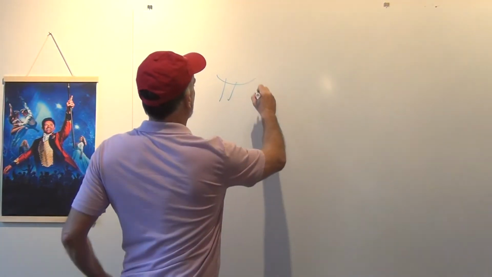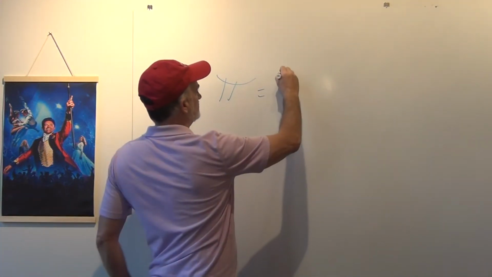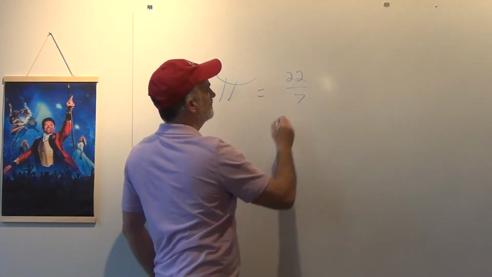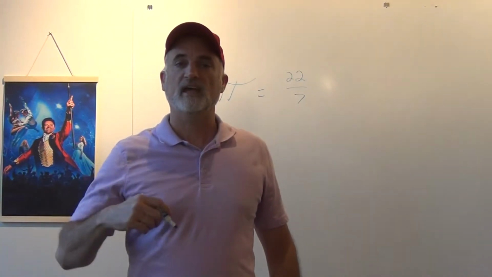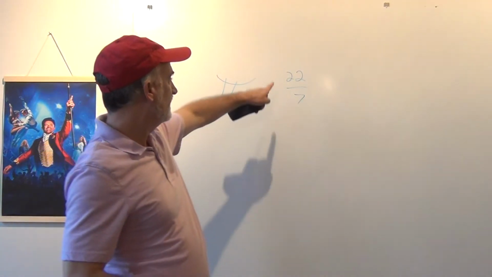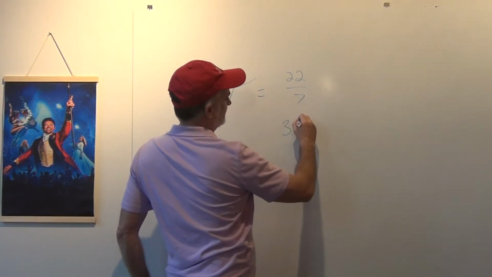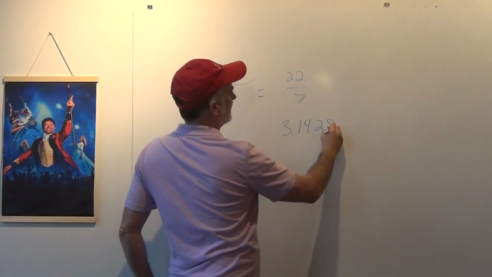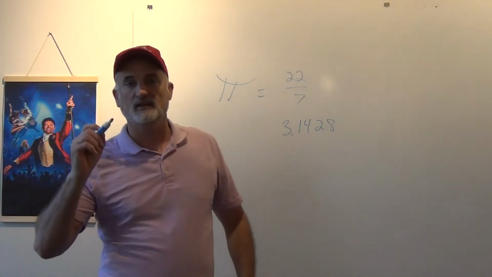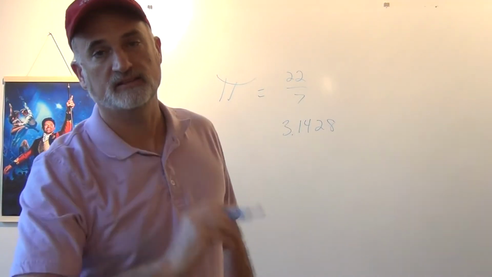Now, you may have heard that you can put it as 22 over 7. Well, that is just an approximation. That is not exact, because this ends, I think that this is 3.1428, and it ends. Irrational numbers never, ever, ever, ever end.